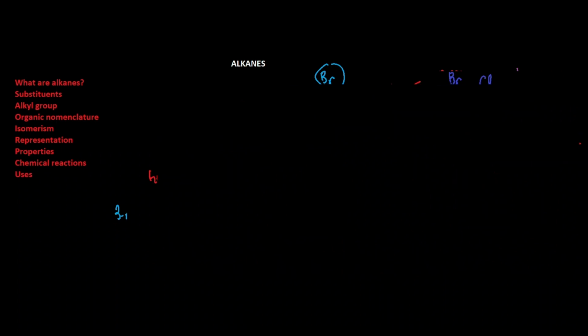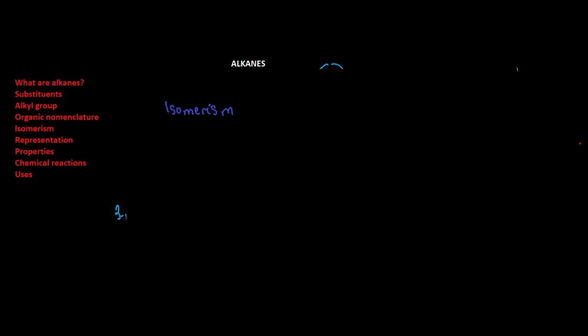Now moving forward, let's look at the idea of isomerism. What exactly is isomerism? And what is an isomer? Isomerism. Now, the word iso means same. So isomerism is a phenomenon.